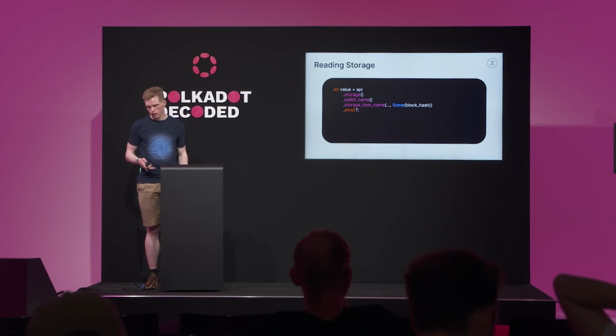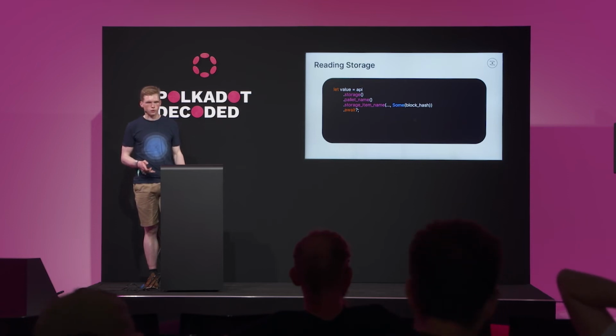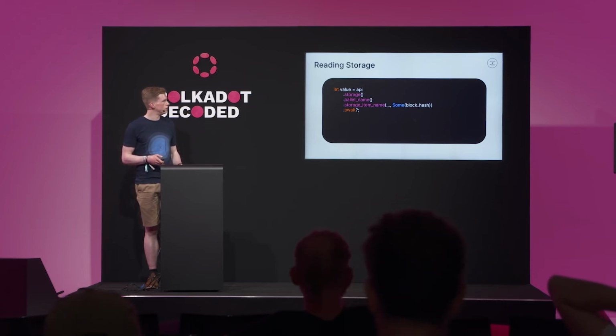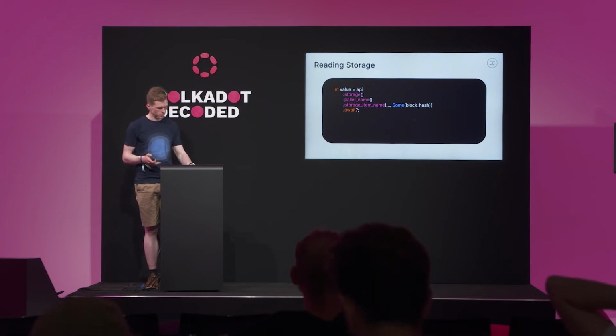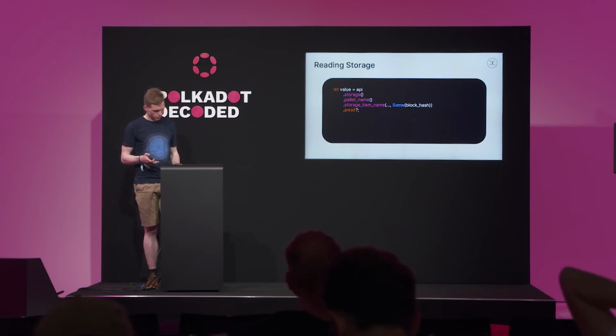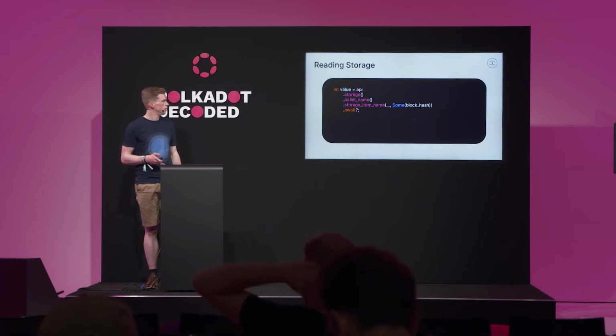Okay, so now we get into what we can do with the client. The first thing I'd like to draw on is reading storage. I should mention that with subxt, everything's derived for you at compile time, and we have a reference to the client in some of these APIs.